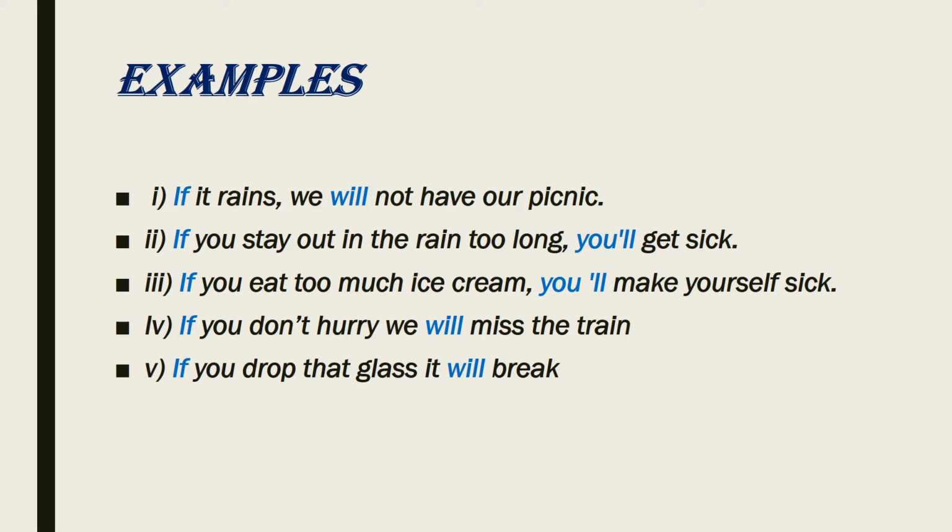This is our if clause or conditional clause. And we will not have our picnic: it is possible, it can happen. We will not have our picnic is our main clause, and the tense here is future simple tense.